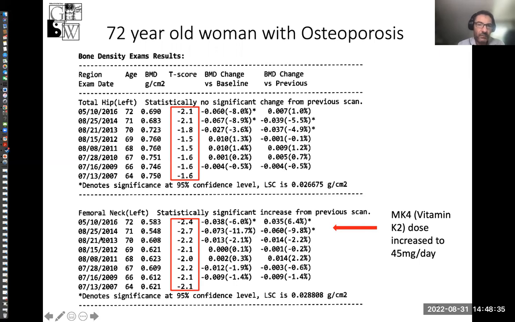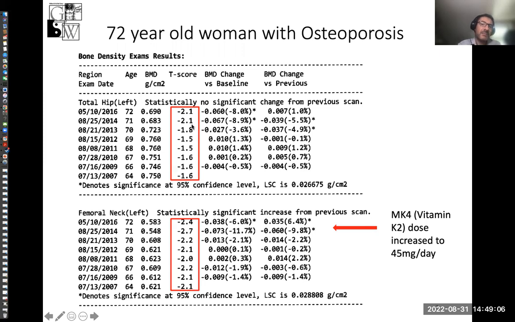So this woman for a long time had osteopenia, and then osteoporosis recently. Osteoporosis is defined as minus 2.5 or less. But she was relatively steady. It's not necessarily clear what happened here, but this is where we added an extra dose of K2, and in a span of about 2 years, there was an immediate improvement and a complete stability.